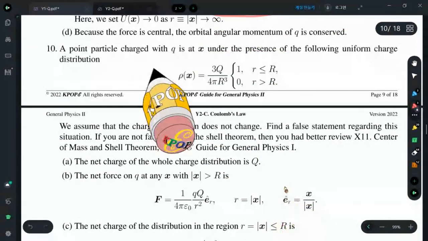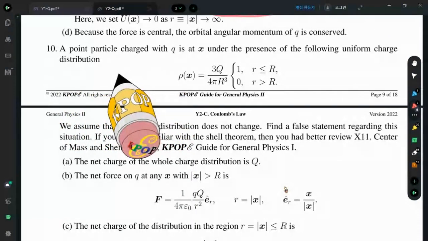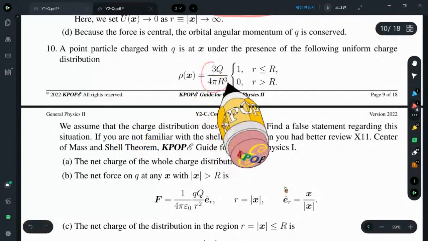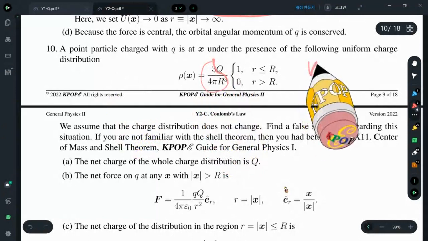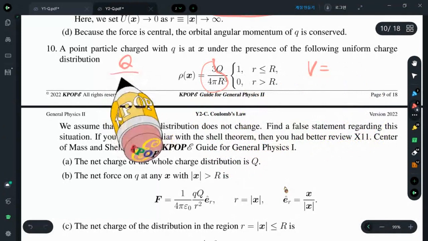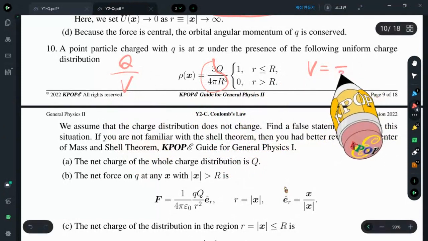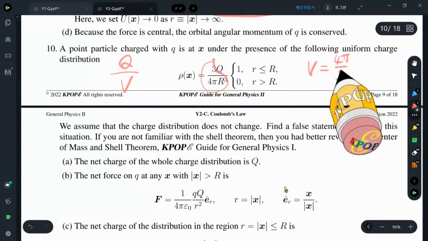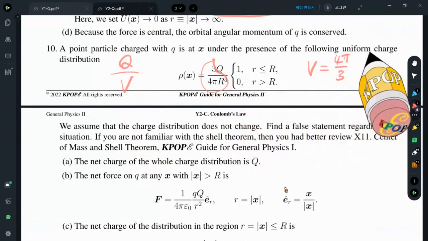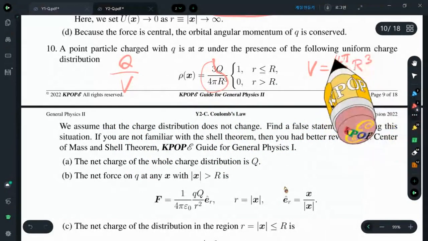A point particle charged Q is at X under the presence of the following uniform charge distribution. You notice this is the volume of a sphere, so Q over V, and this volume is 4 pi over 3 R cubed, right?